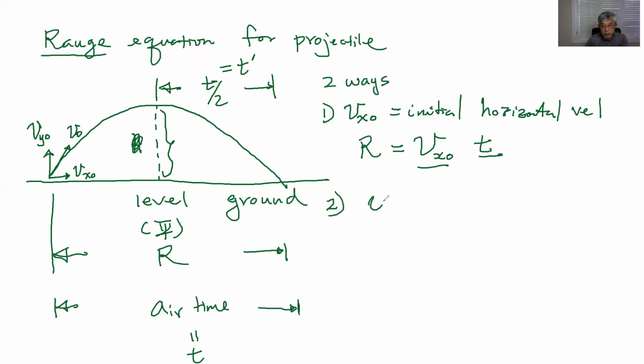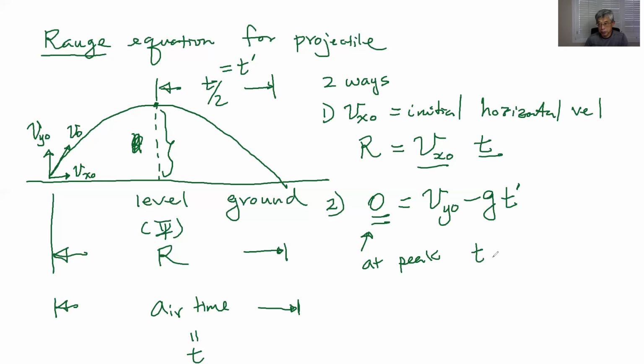So we know 0 is equal to the Vy0 minus G T prime, right? Okay. So if I started out with Vy0, and I know by the time it comes to here, it will be 0, right? So this is at the peak, right? So Vy becomes 0, and it will take T prime time, right? So we can figure out this T prime, right?